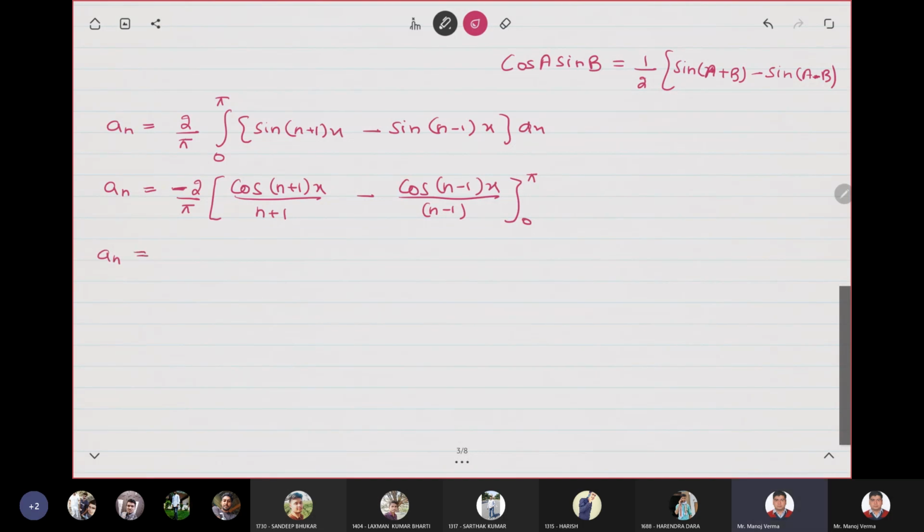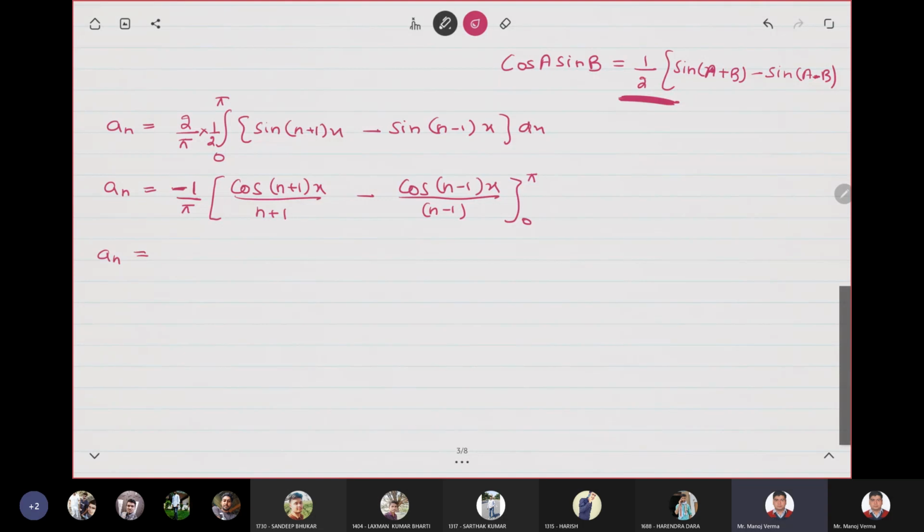So this an, if I insert the limits, this 2 will also be adjusted by this formula. By this formula, it should be 1 by 2 of sine a plus b minus sine a minus b. So it will simply become minus 1 over pi.